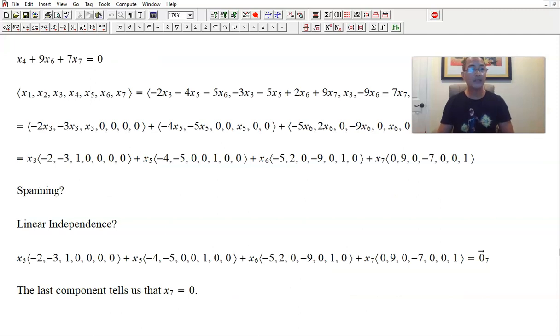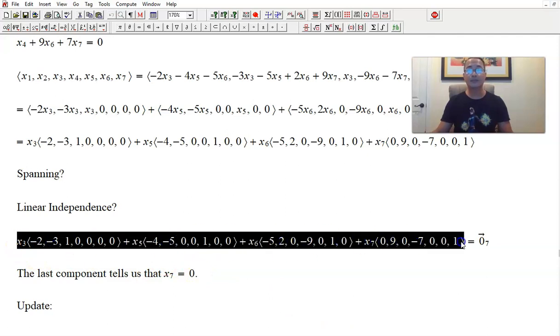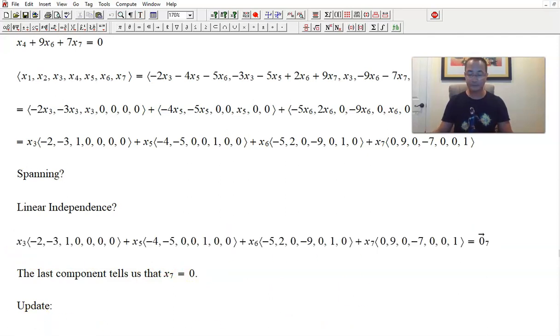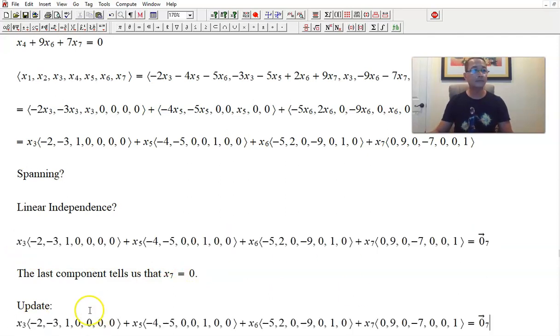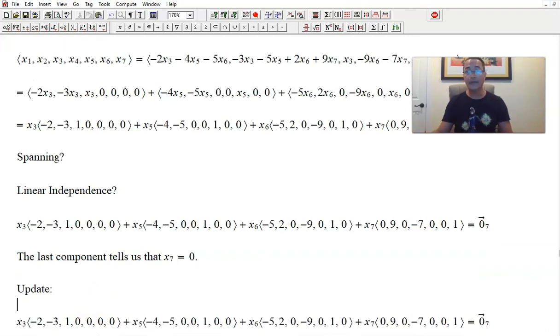Anytime you have new information from the test equation, you can update your test equation. So now, let's copy that down here. And we can erase the last term because x7 is 0. That goes away. All right, but now, what can we say next?